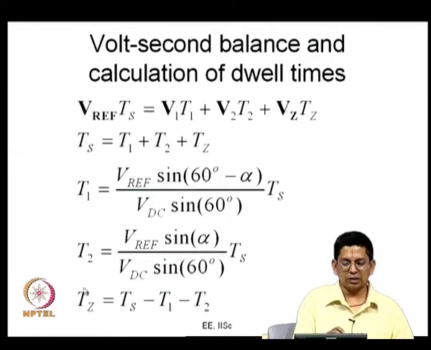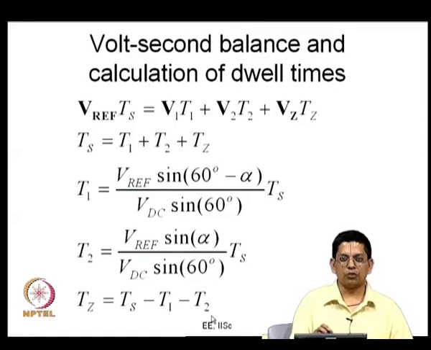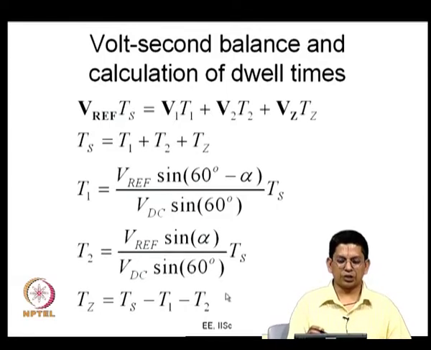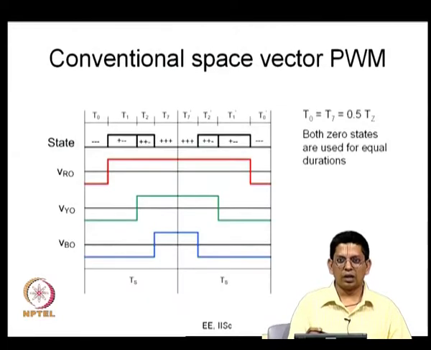Tz is the remaining part, that is Ts minus T1 minus T2. For the remaining portion of the time, you apply the null vector. This is how you calculate the dwell times. We will be doing more on this in the next few lectures. This is just to show that an average voltage vector can be synthesized using these two active vectors and one null vector.